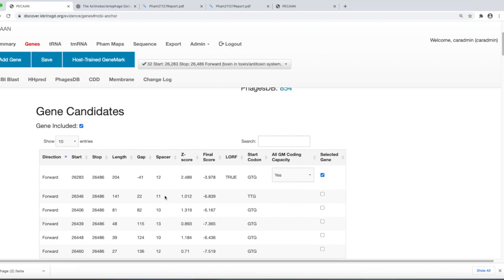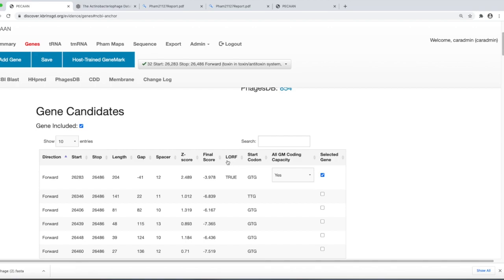They both have good spacers. And the final score with the high z-score is minus 3.9. That's very good. And this one's over 6, almost 7. So this is almost 4, this is almost 7. Okay, so you look at the z-scores, the longer one is obviously a lot better.